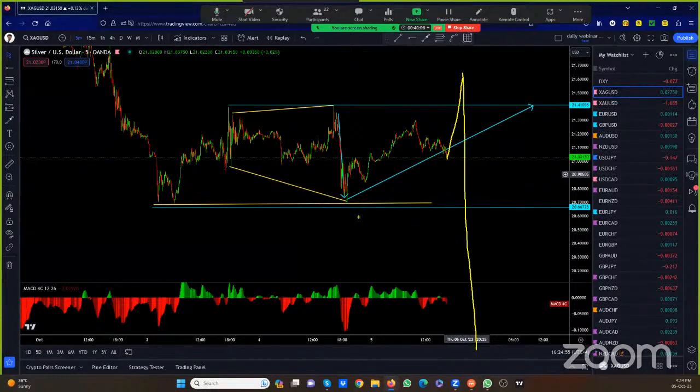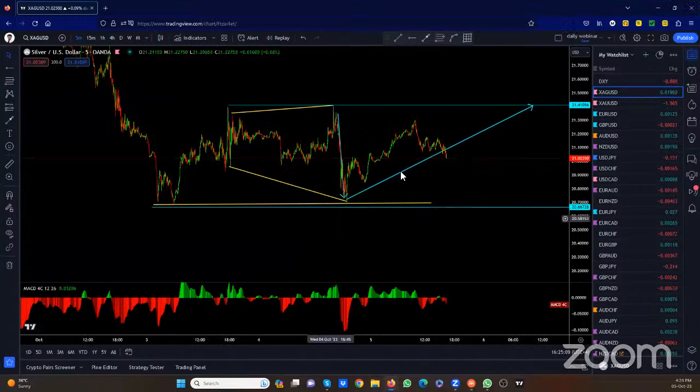If that happens, I'll have an entry order here. And if that happens, I'll move that entry order up here and see if I can get a trade from here. So I'll put an entry order. That is for the big trade to the downside. So silver. That is 20.66.